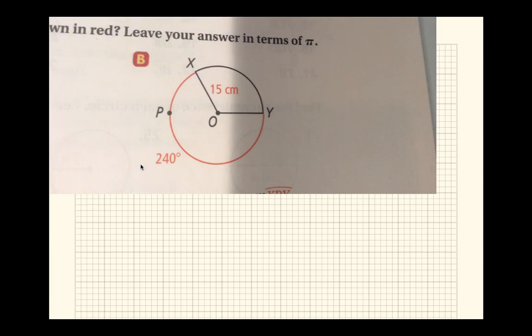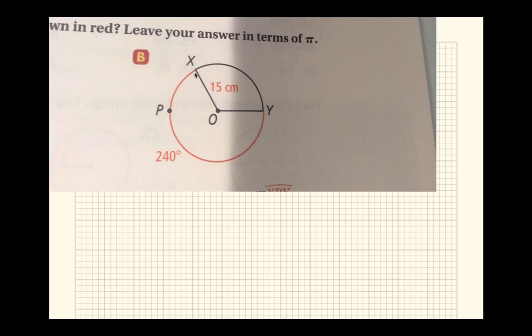Okay, you can't read it. It's kind of cut off, but it says, what is the length of each arc shown in red? So I'm trying to find that length there. They tell us this arc is 240 degrees. That's the arc measure, and the radius is 15.